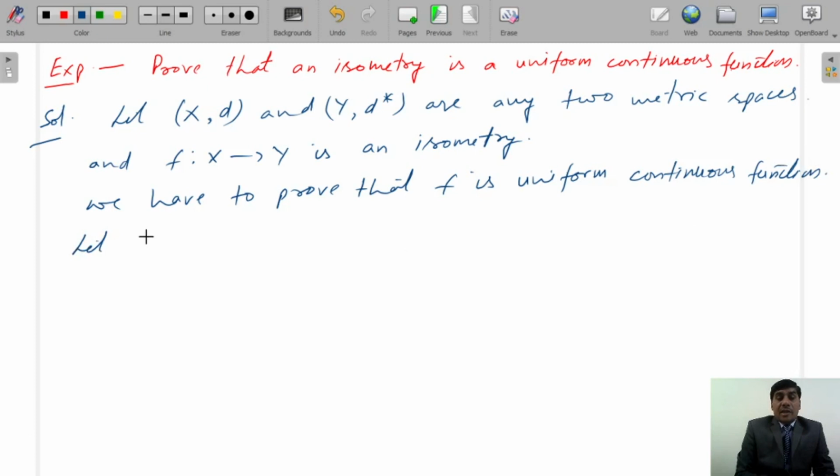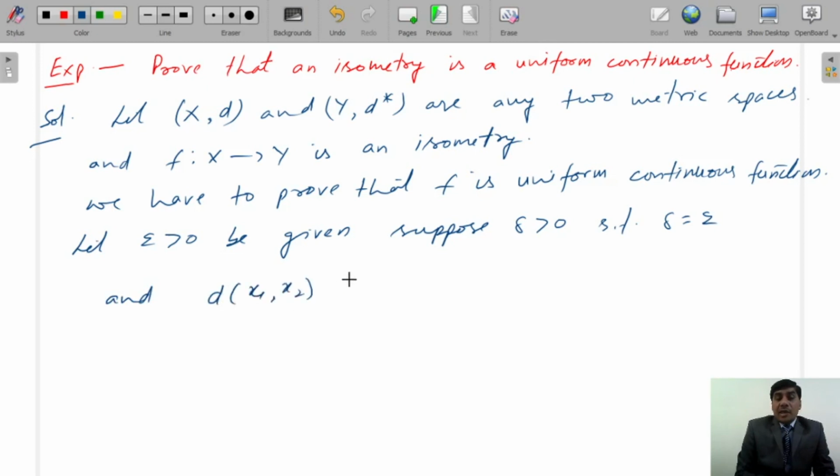Let epsilon greater than 0 be given. Suppose delta greater than 0 such that delta is equal to epsilon and distance between x1, x2 is less than delta for every x1, x2 belonging to capital X.